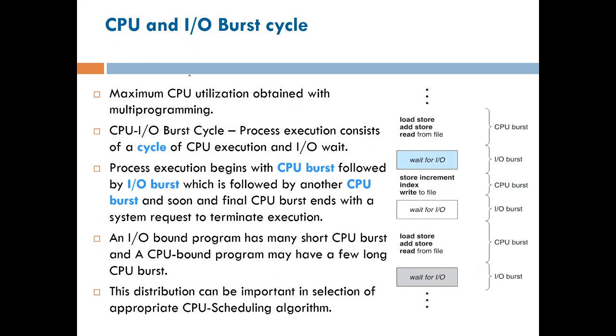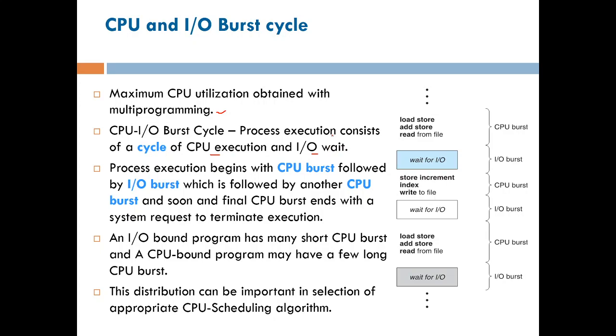Let us see the CPU and IO burst cycle. In order to maximize the CPU utilization, we use multiprogramming. The process's execution consists of a cycle of CPU execution and IO wait, which is also called the CPU and IO burst cycle.